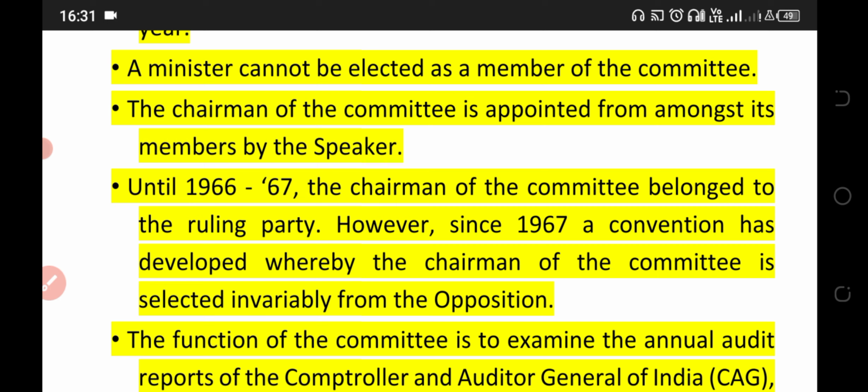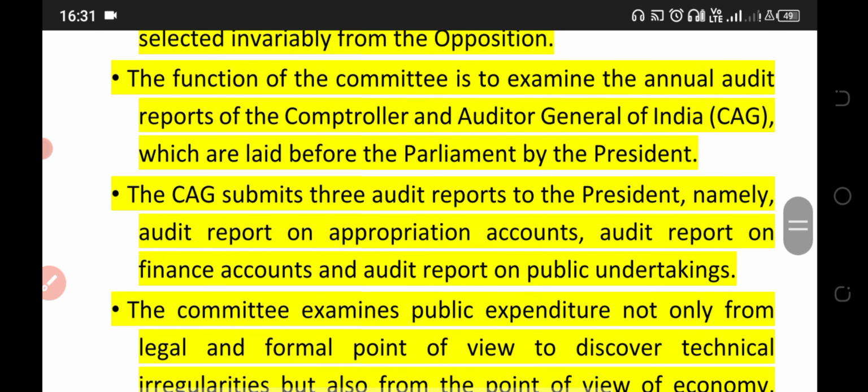Until 1966-67, the chairman of the committee belonged to the ruling party. However, since 1967, a convention has developed whereby the chairman of the committee is selected from opposition.